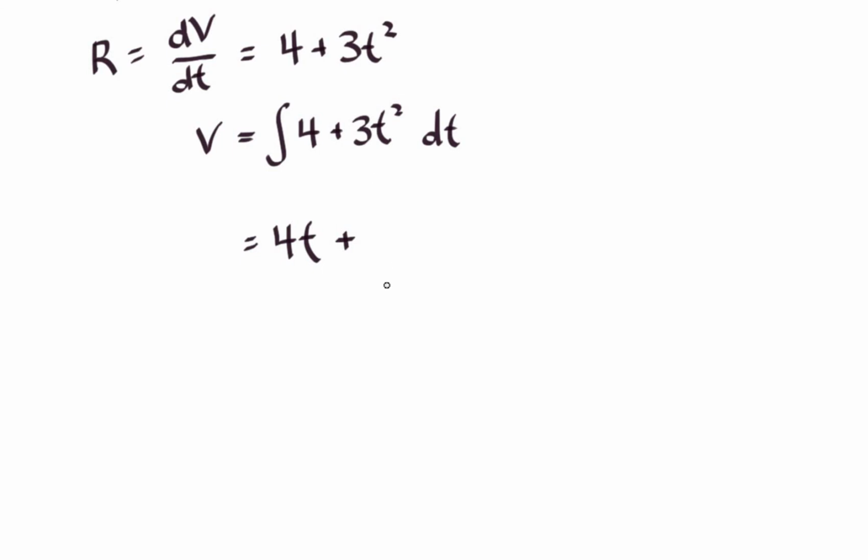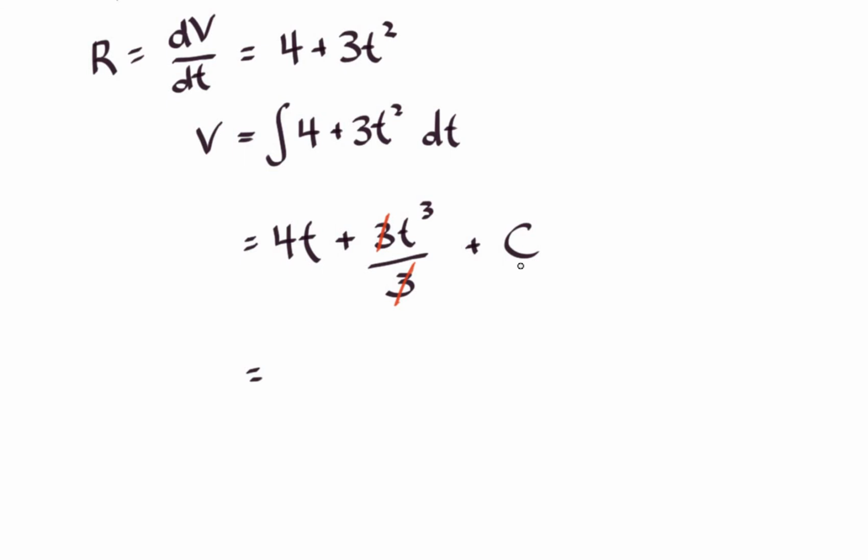If you can recognize that this is t cubed, that's awesome. Otherwise, you can raise the power by 1 and put it over that new power, and then you can see that the 3 here cancels with this 3 here. And then we go on to our next line. No, not yet. We've got to add in plus c, right? Don't forget our constant of integration.